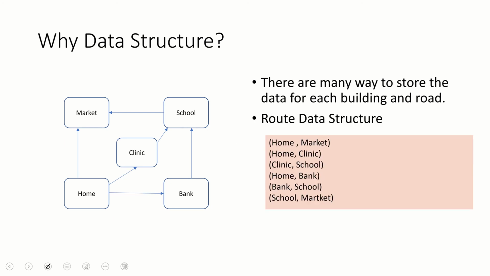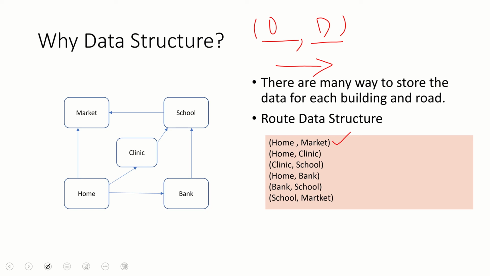So then we introduce another data structure, in which we record the data using this structure. The first one is the original place, and the last one is the destination. Based on this data structure, we can know the route from the original place to the destination, right?